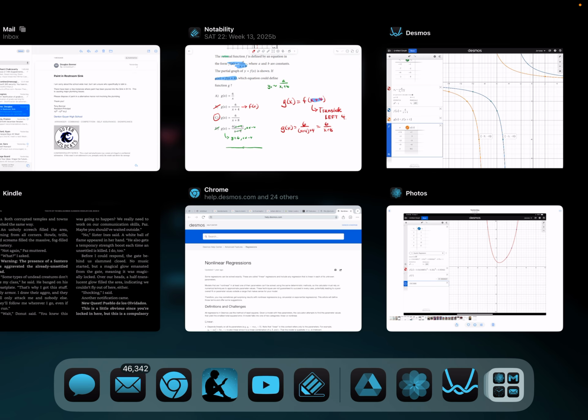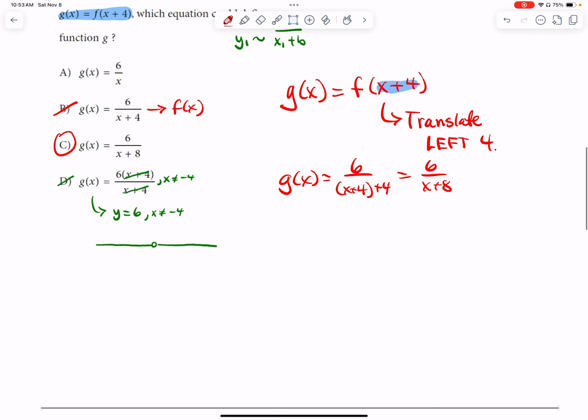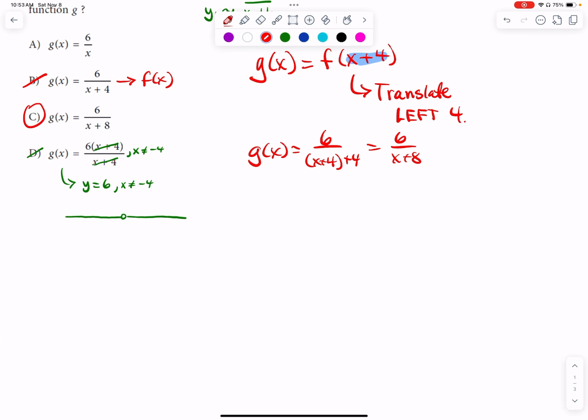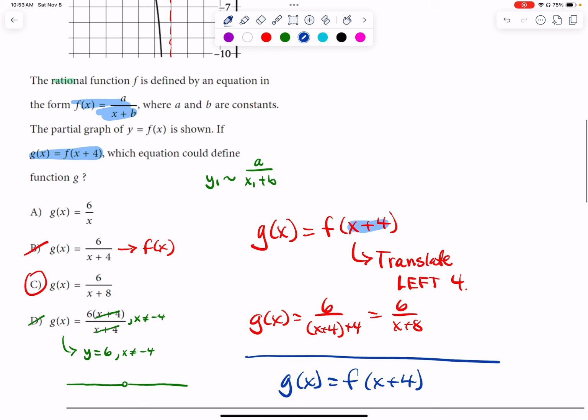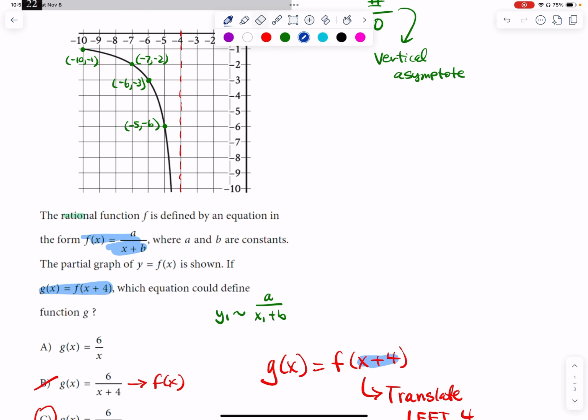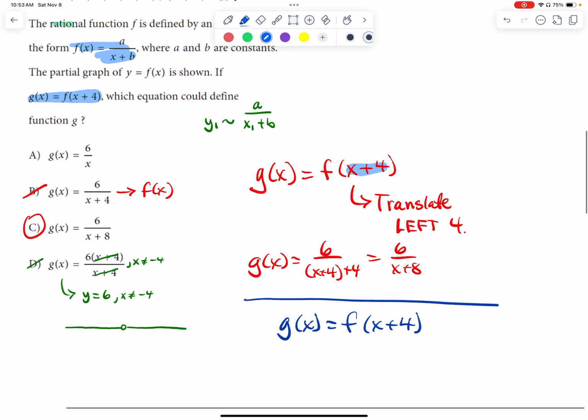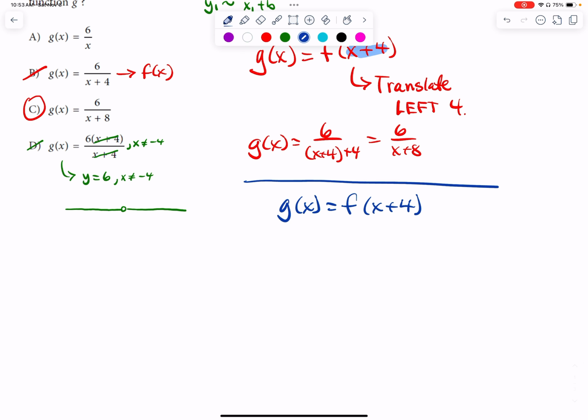So I'll show you that also algebraically. Starting with this expression that they gave us, which was g of x is equal to f of x plus 4, let's say, for example, that I wanted to just pick one of the values that's on here. Let's say that I picked this one here, this negative 7. So in the f of x function, this whole thing was equal to a negative 7.